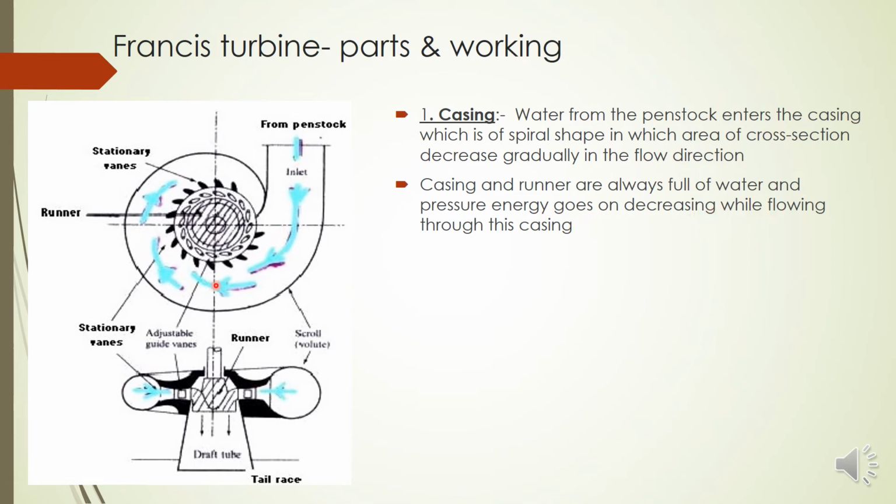And what happens to pressure energy when it goes from inlet to outlet? It will decrease. Why? Because of this reduction in area. Already we have discussed by the continuity equation, when area decreases, velocity increases, and when velocity increases, by Bernoulli's principle, pressure will decrease.